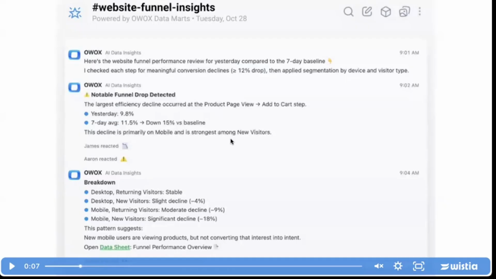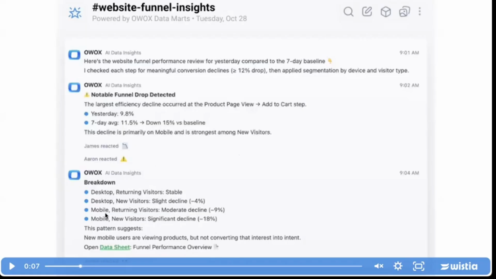And in this case, the AI Insights highlighted that there was a conversion drop at the product page to add to cart step, primarily on mobile and new visitors. When we see the breakdown, we can prompt the same piece of information to provide this breakdown and compare the segments to ensure that the problem is in a single segment, not on the whole traffic.